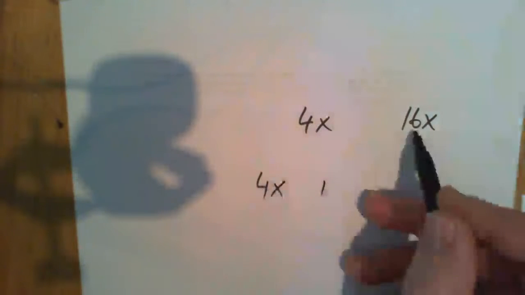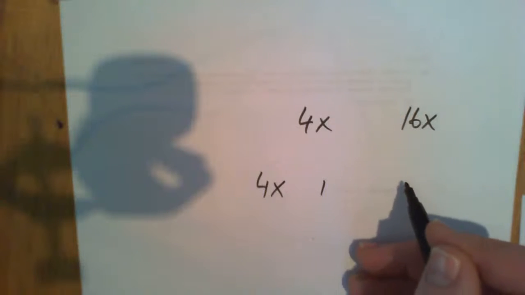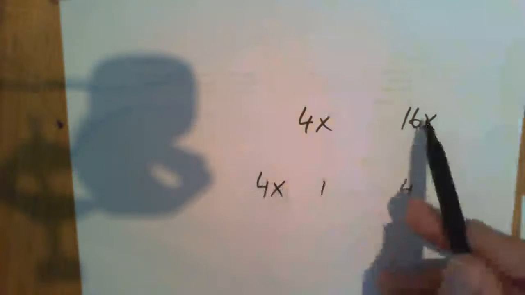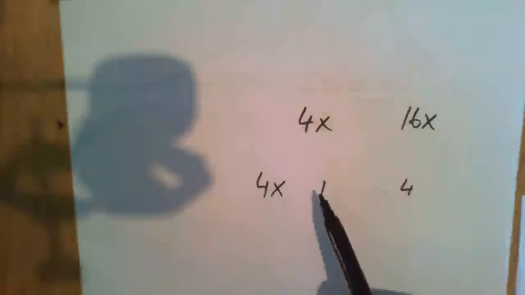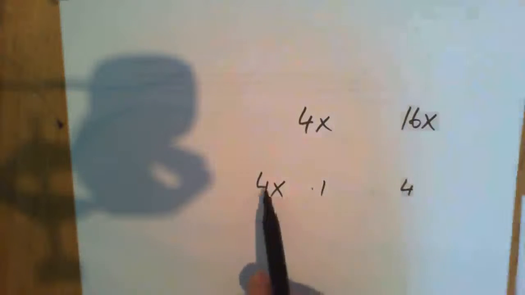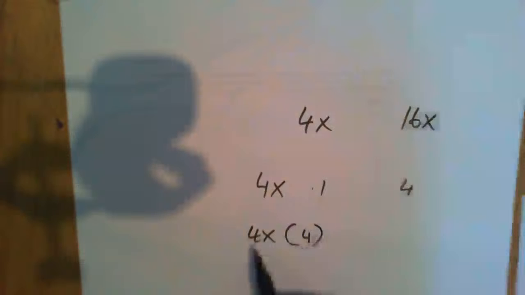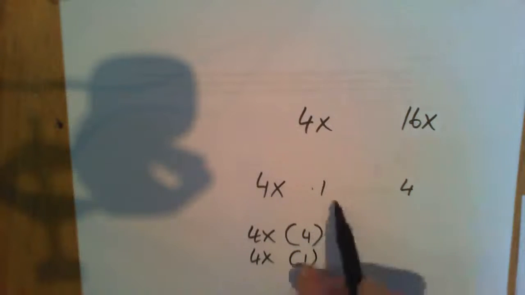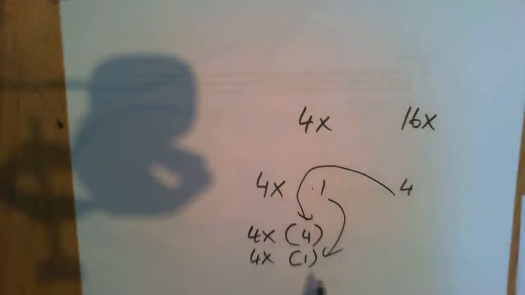And when I divide 4x into 16x, the result would be 4, because x goes into x once, 4 goes into 16 four times. So if I multiply 4x by 4, I get 16x, and if I multiply 4x by 1, I get back to 4x. So that's the very basics of it.